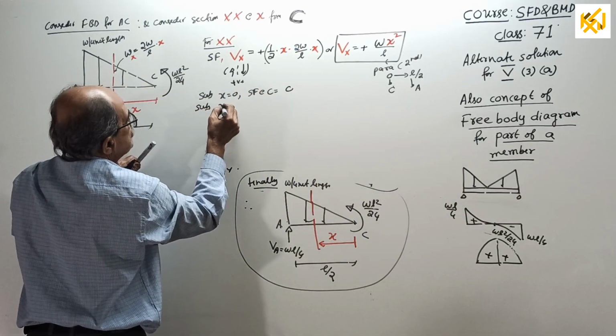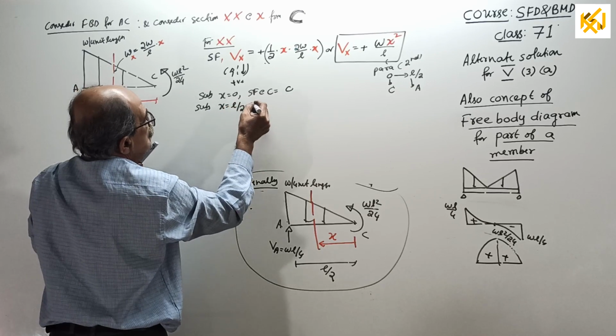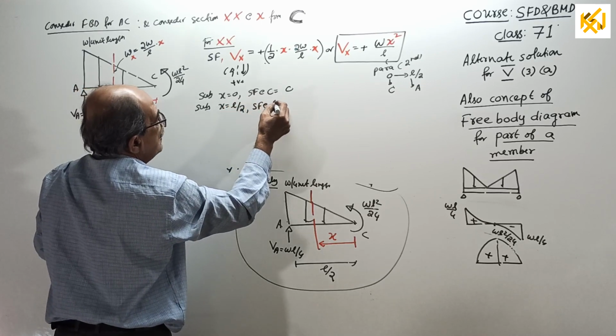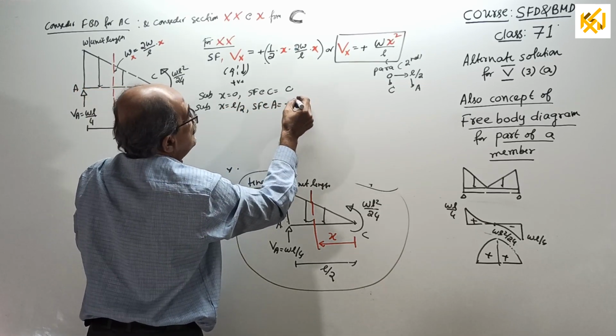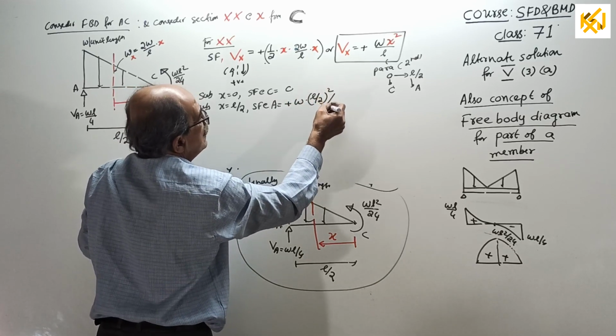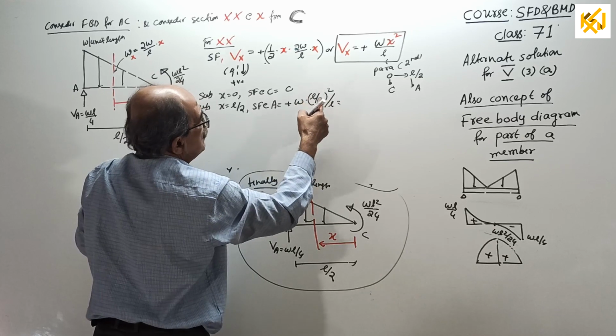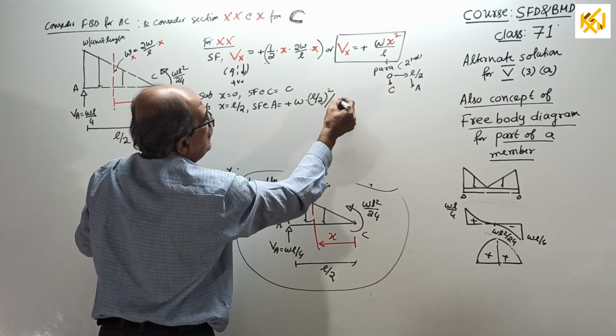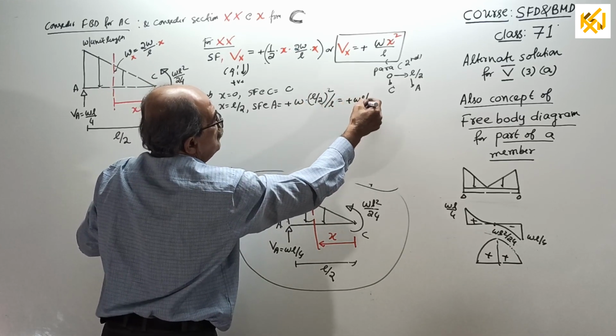Substitute X equal to L by 2. You get shear force at A plus W into L by 2 square divided by L, WL square by 4 by L, which will be plus WL by 4.